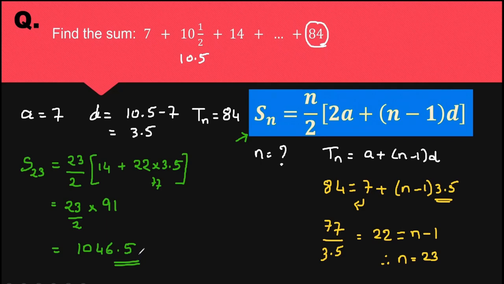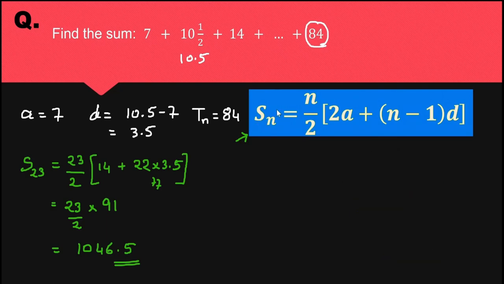So the sum of the terms from 7 to 84 of this AP is 1046.5. Now in the previous part of this session, we have seen an alternate formula for finding the sum of first n terms. Once we have obtained the value of n, that was 23, there is an alternate formula to find the sum of first n terms, that is Sn equals n upon 2 multiplied by the sum of the first term and the last term.